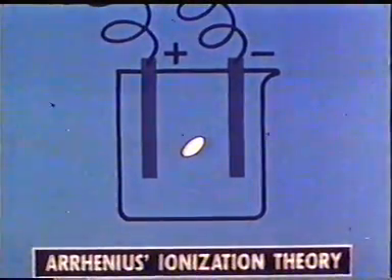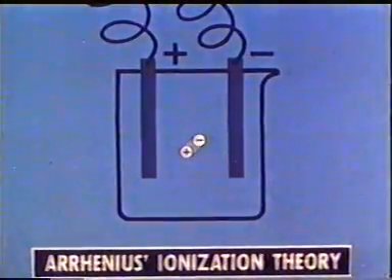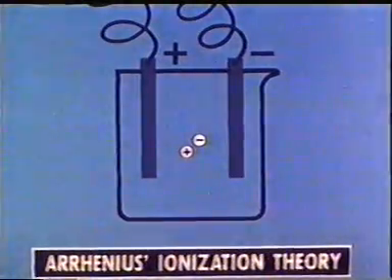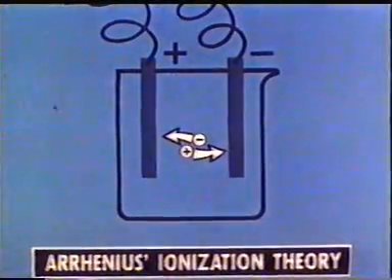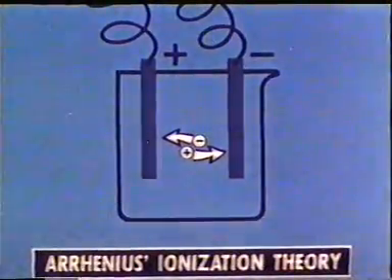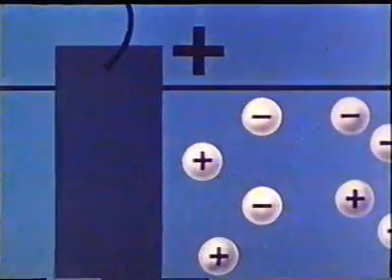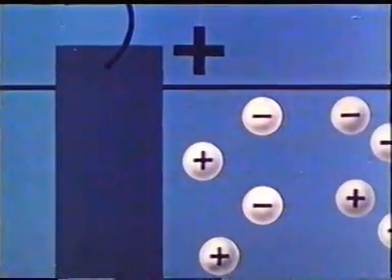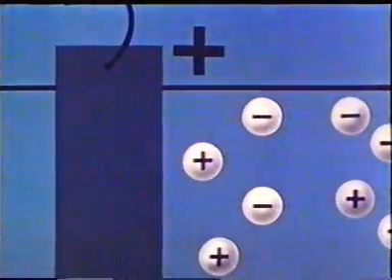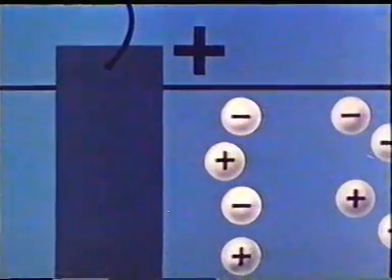According to Arrhenius's theory, a molecule in solution would dissociate into positive and negative ions, which would be attracted to oppositely charged poles. Another diagram will illustrate what would happen when the current is turned on. Positive ions near the positive electrode will be slightly repelled from it.